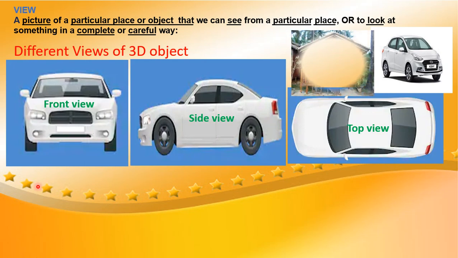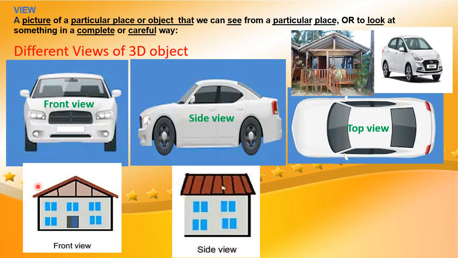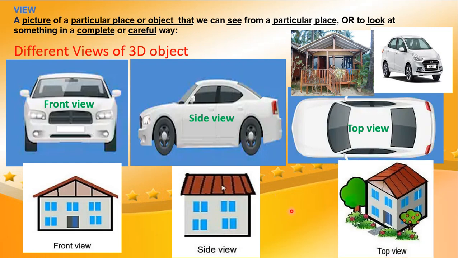Let us take one more example, a house. When we observe it from the front, it will look like this, where we are observing the door and windows. But from the side we are able to see only half of the roof and some windows, and from the top we are able to see the full part of the roof.